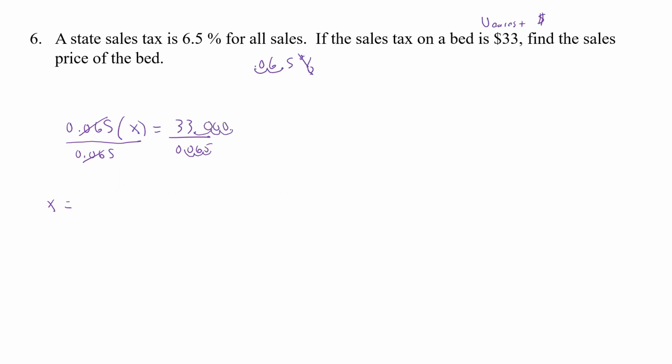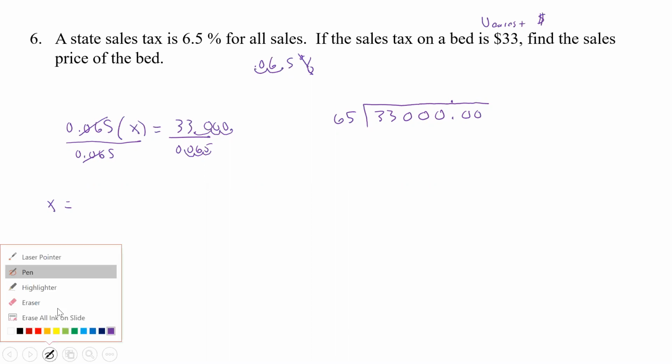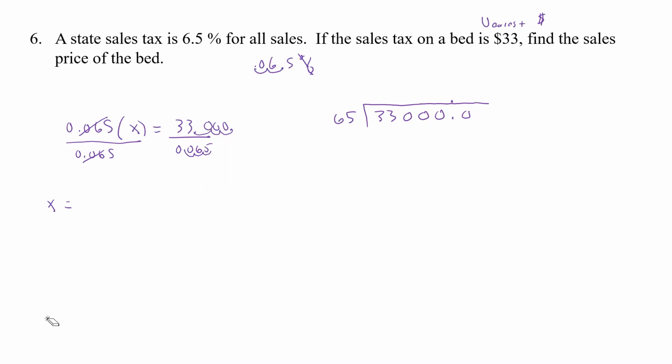1, 2, 3. So now we're taking 65 into 33,000.00. And so when we do this division, all we really have to go to is the first decimal place if we're rounding to the nearest whole dollar, so we can get rid of that last one so we don't take it too far, because this will be the dollars, this will be the tenths of a cent, and then if it rounds up, it'll round up.